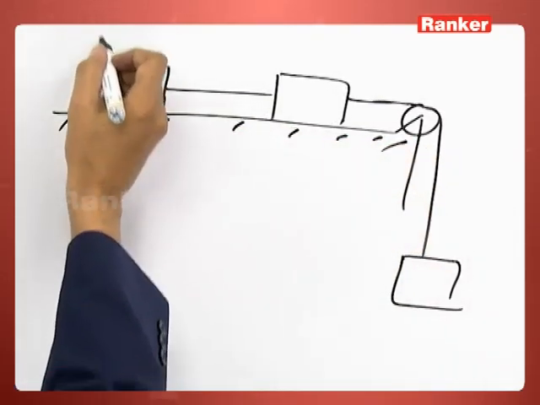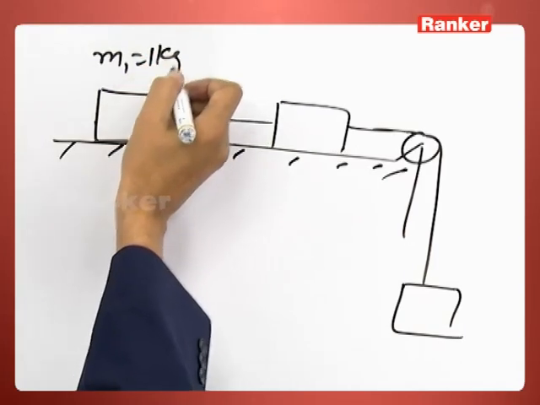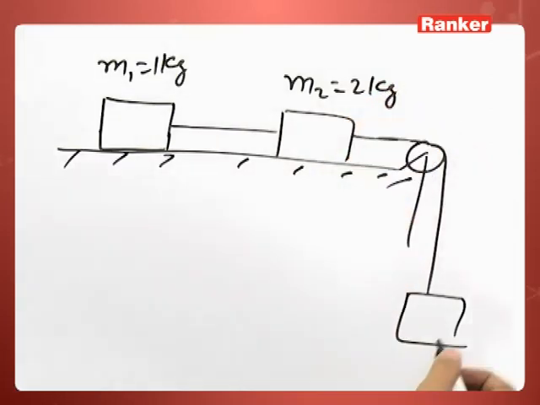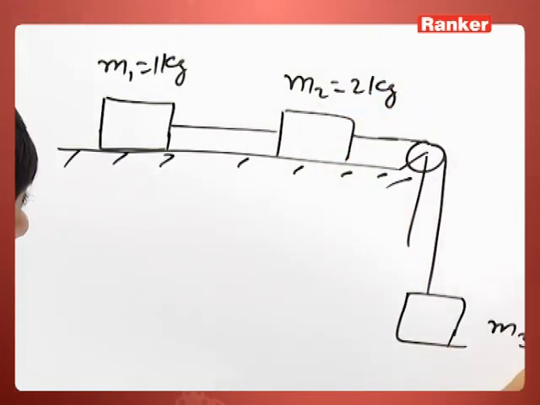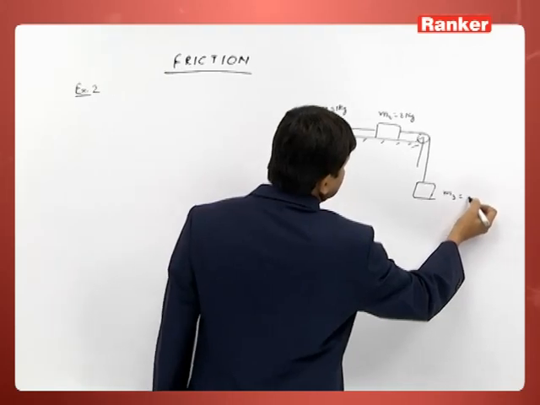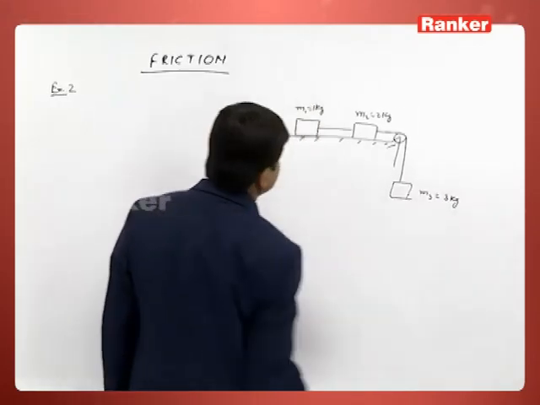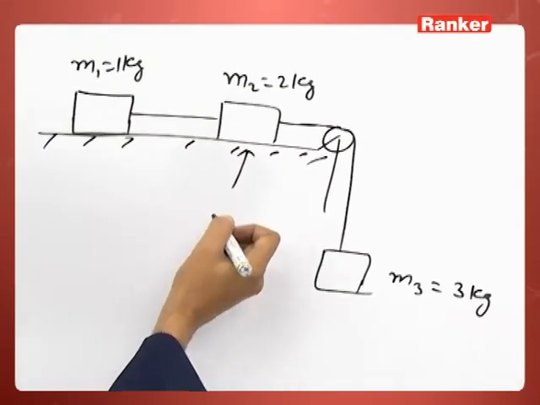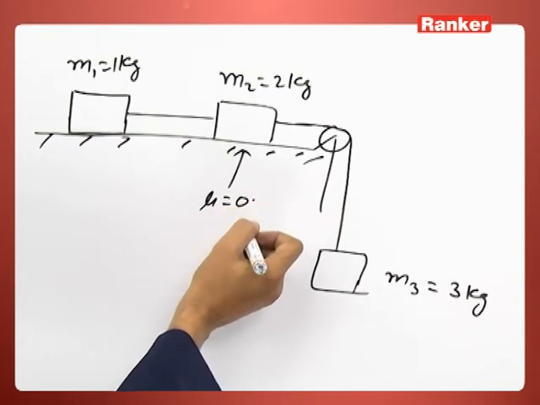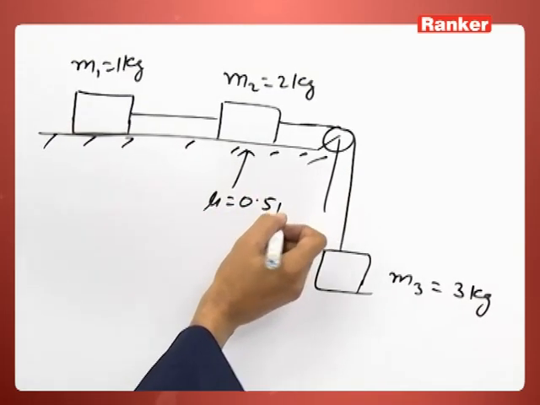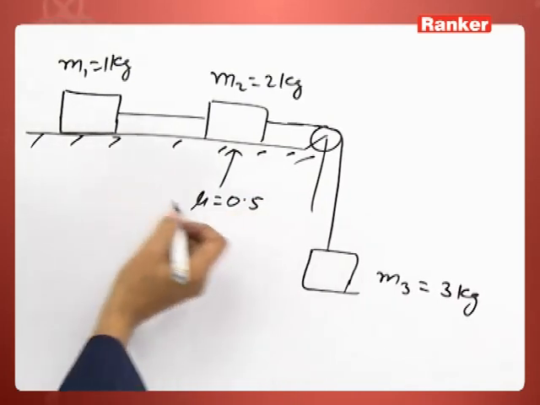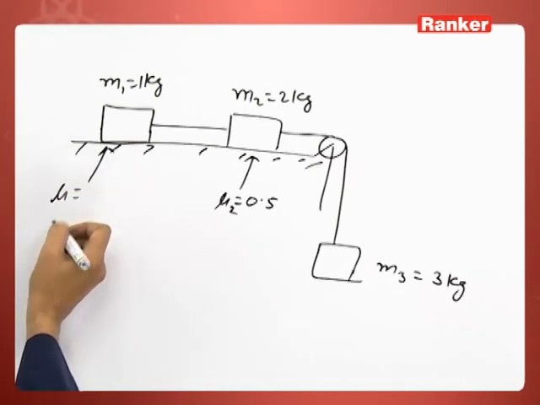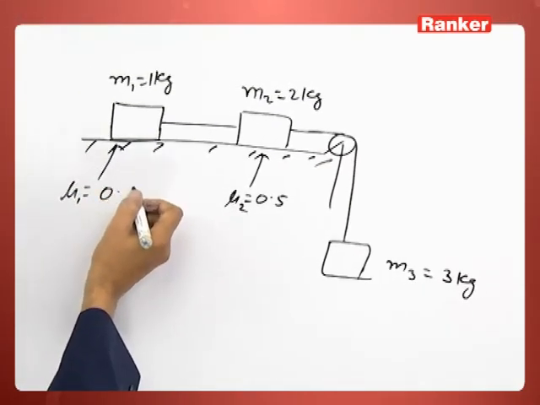Let this block have mass 1 kg and this block have mass 2 kg, and the block which is suspended has mass, let's say, 3 kg. The friction coefficient between the blocks of mass m2 is 0.5, and the friction coefficient between the block m1 and the ground is, let's say, 0.6.